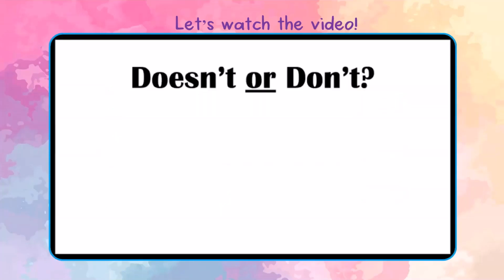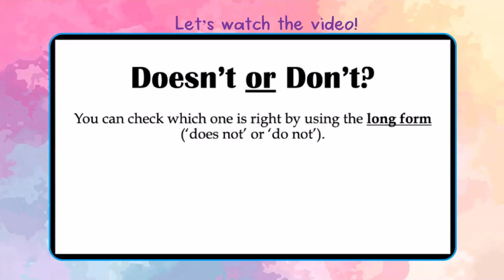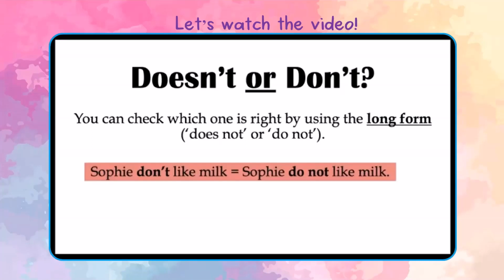If you're not sure which one is right, you should use the long form does not or do not to check. Let's take a look at an example of how you can do this. Sophie don't like milk. When you change don't into the long form, it forms the sentence, Sophie do not like milk.